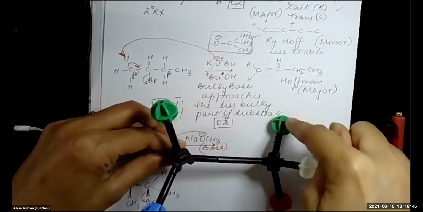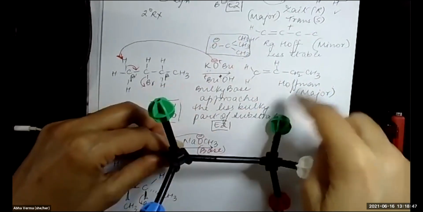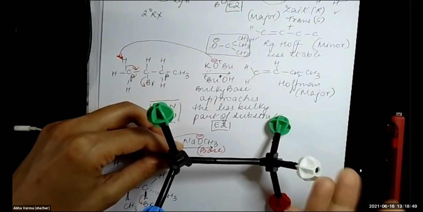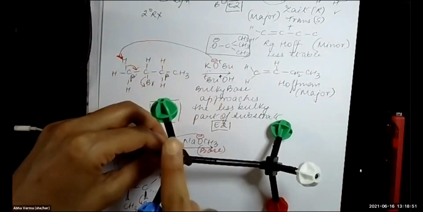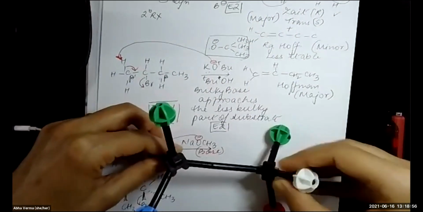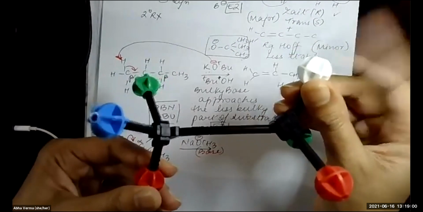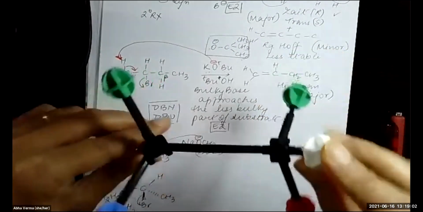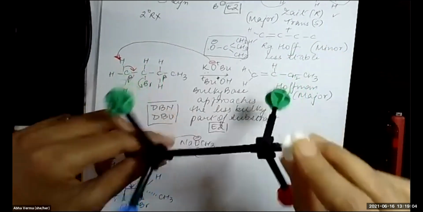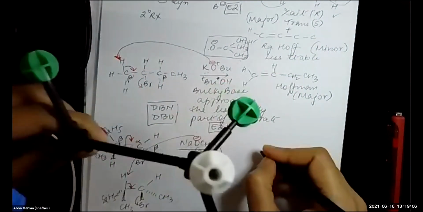So these two, whichever groups they were, they are going to be in the same direction. So I'm flattening out this, I'm flattening out this, just by removal of this group and this group. The other groups flatten out to make your double bond.